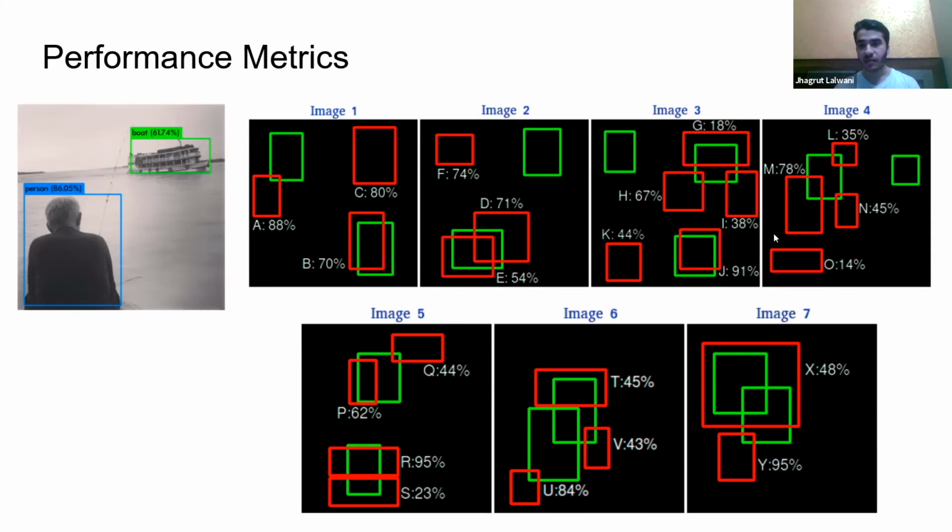So a green box is there, but there is no corresponding red box for that. For image 2, you do not have a red box around that object instance, so that would be considered a false negative.